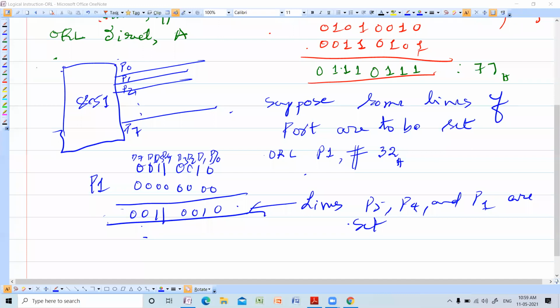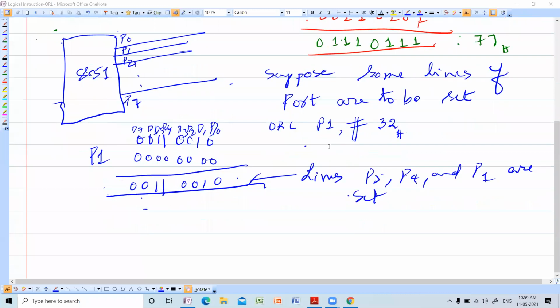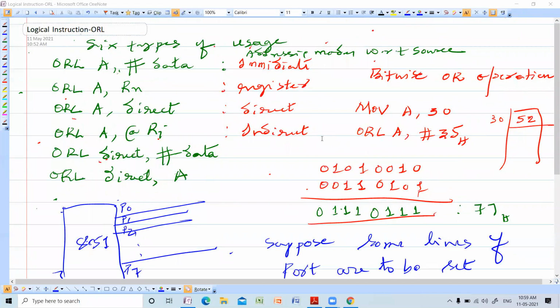Some few names are there. They will ping back. What others are doing, I don't know. Now I will get something, some more. Okay, this is about the OR operation.